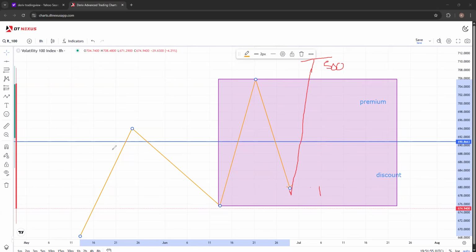The reason why we don't buy in the premium is, let's say we have our high here and we buy in the premium. Maybe in the premium, your tomatoes are going to be 450 naira here, and then you buy them. By the time you reach here, you haven't made much profit.